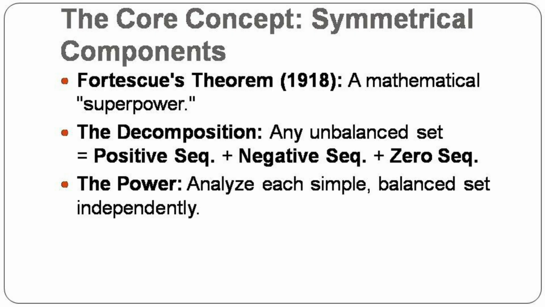In this case, instead of the root, the third, and the fifth, it is the positive sequence, the negative sequence, and the zero sequence. The brilliance is that we can now analyze each of these simple balanced notes on its own, using all our standard tools, and then simply combine the results at the end.